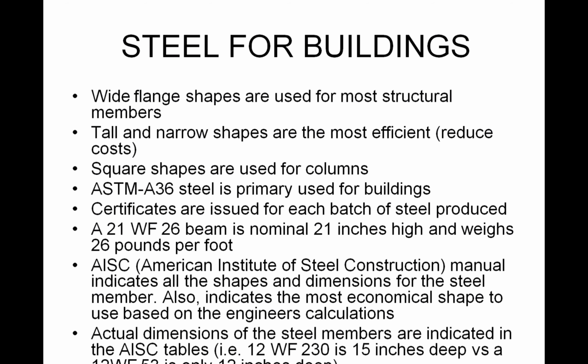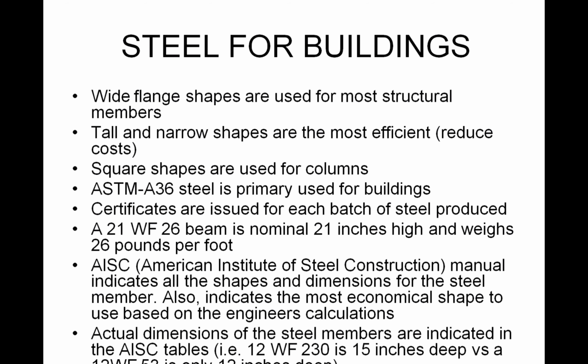You'll see that they have kind of chamfered or curved connection points to allow them extra strength in those locations while still trying to maintain the very thin shape so that you're reducing the overall cost through a reduction of material used. ASTM 836 is the designation given for the primary steel that's used.